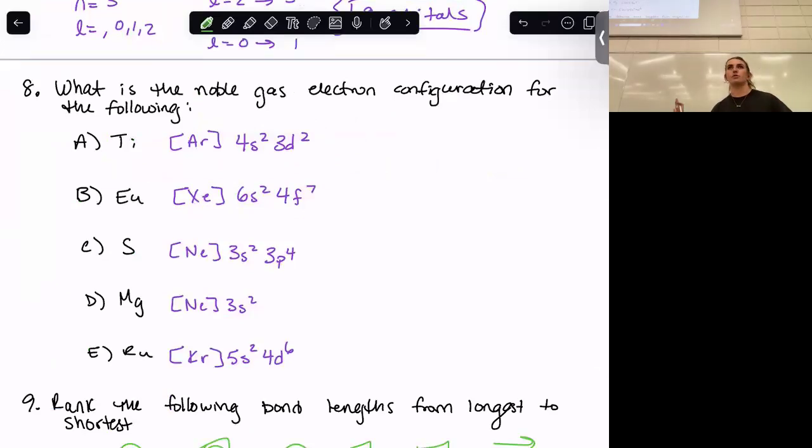So this is just in case they throw a wild card at you. So B is Eu. This is actually going to be in the f block. So you're going to follow the periodic table the same way that you would follow anything for the 4s and 3d. But when you jump down to the f block, you are now 2 periods or 2 energy levels behind the period that it's in.